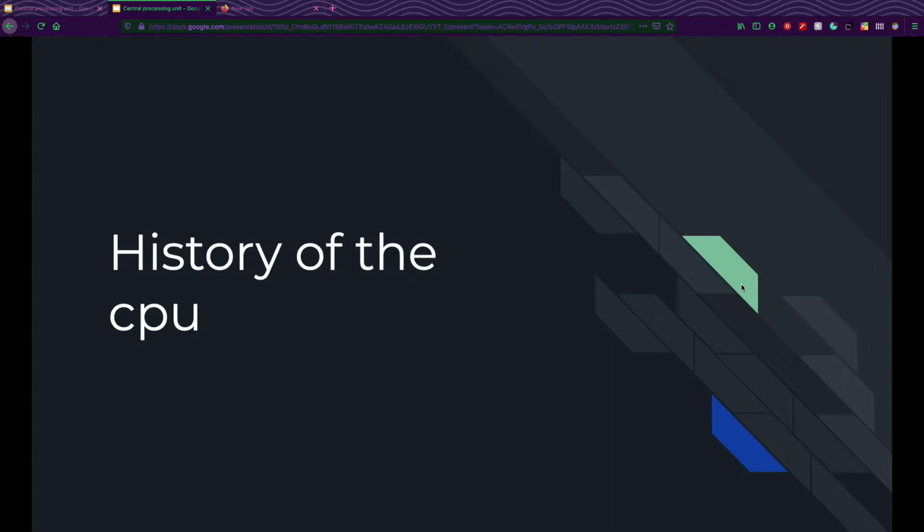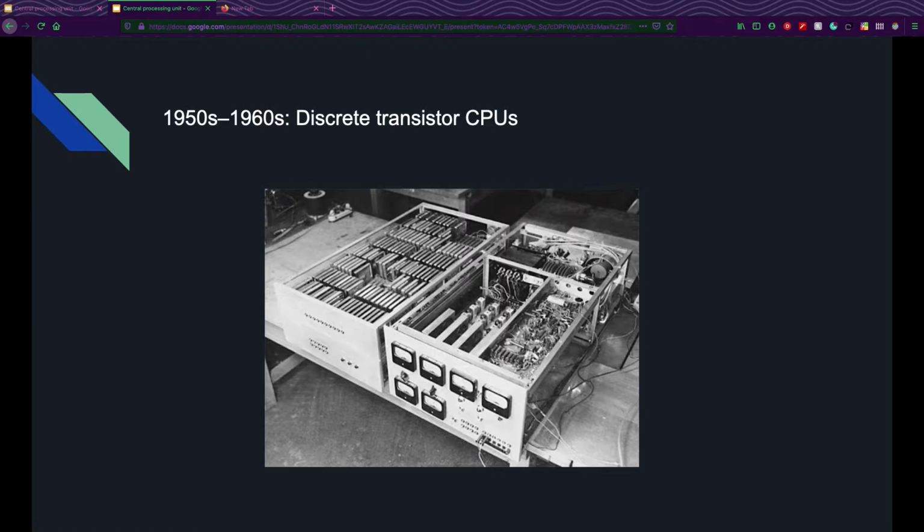The history of the CPU is that in the 1940s and 1950s, computers used to be the size of a whole room. They used to be large mainframe computers. But in the 1950s and 60s a revolution came, a revolution of discrete transistor CPUs, and they were the size of a big table. And don't get me wrong, this is not the whole computer.